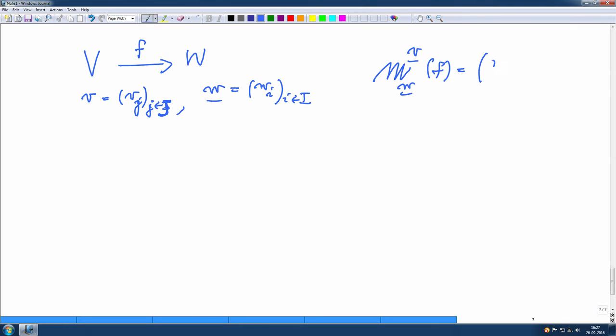This is Aij. If you call this A, then we have defined the linear map corresponding to this matrix. That linear map is nothing but F.